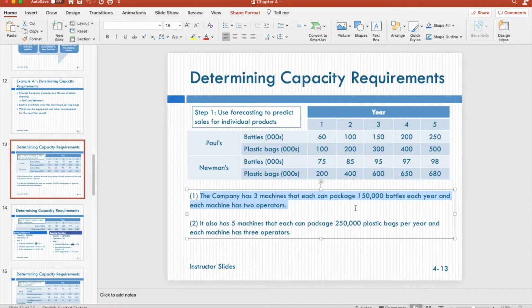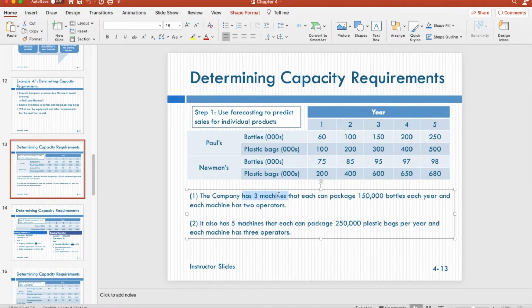So in total, how many bottles at most can we produce in 1 year? Since you have 3 machines, and every machine can package 150,000 bottles, it means for all 3 machines.